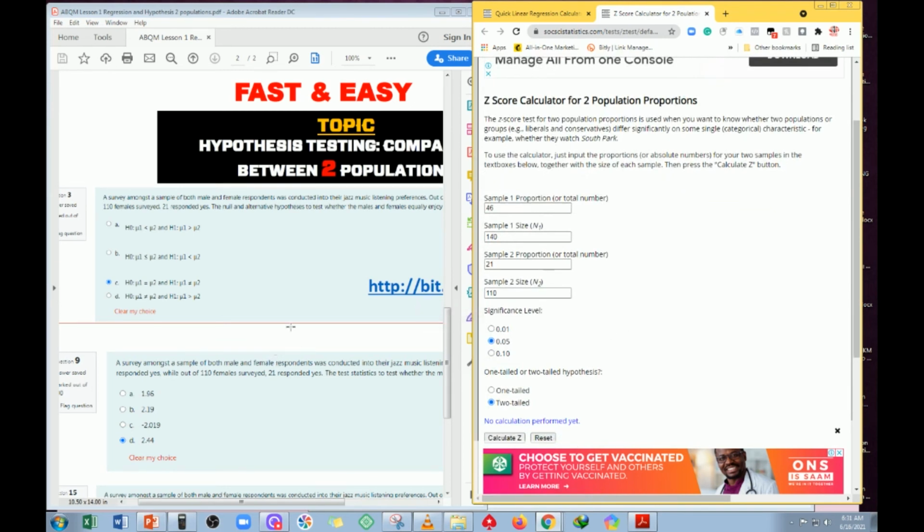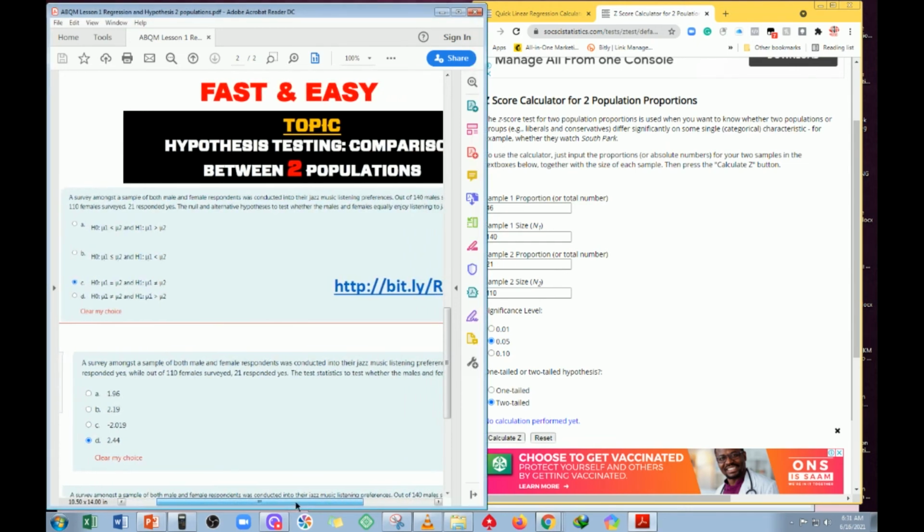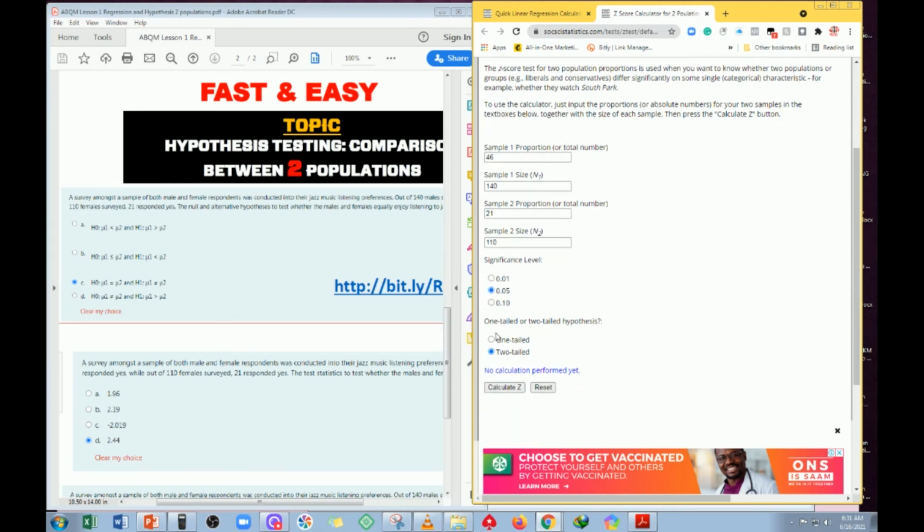One mistake with this question is that the lecturer did not give a significance level, but I assume that as long as there's no significance level, we just use 0.05. Because we are testing whether it's equal or not equal, it is a two-sided test. So you put your samples, you put your significance level, and you decide whether it's one- or two-sided. Then you simply calculate.